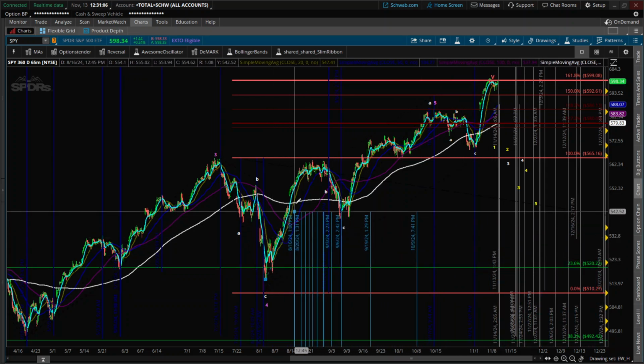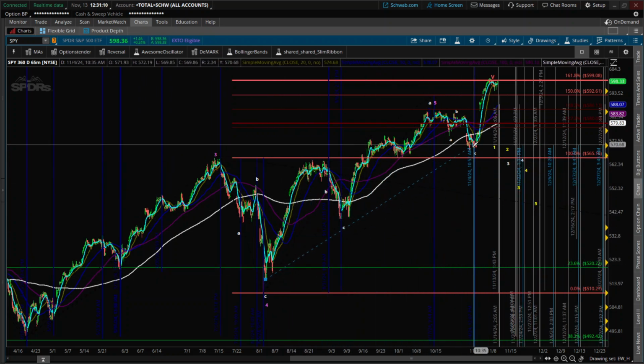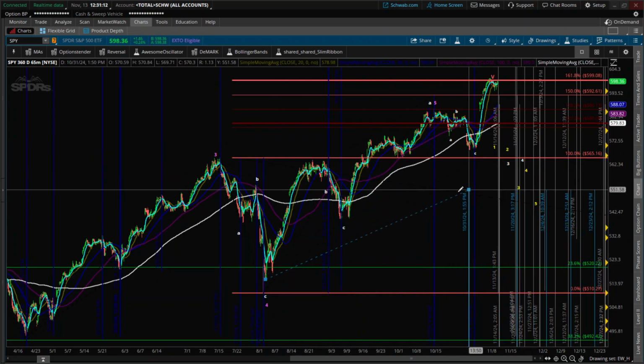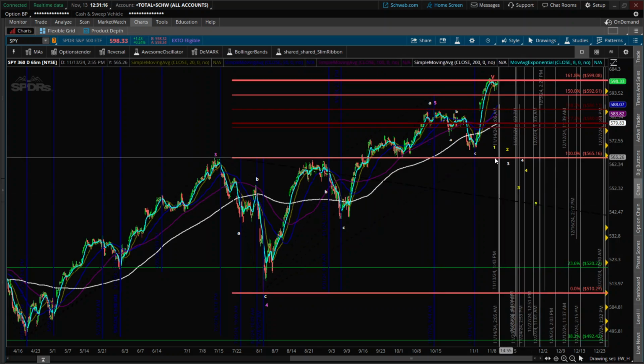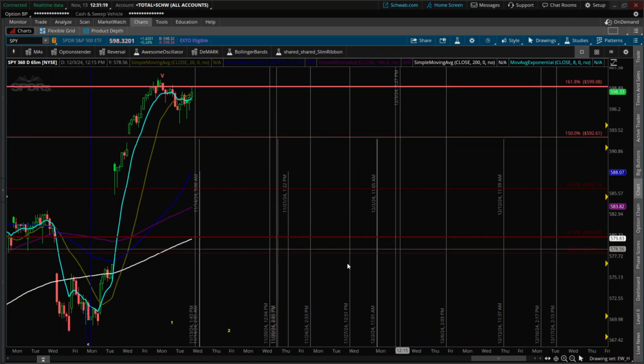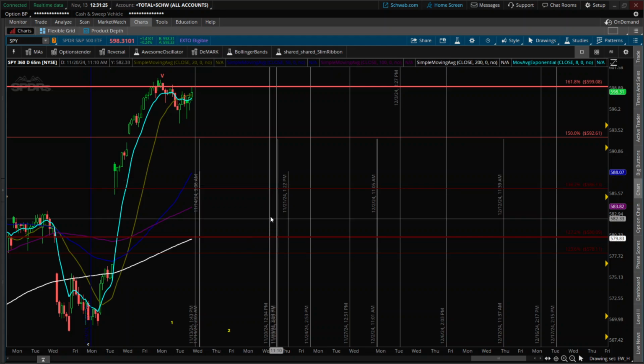Then you do it again, bottom to top. And then you do it again, bottom to bottom here. And you look at the different relationships that end up clustering together. And that gives us these clusters. And at that point, we suspect that there will be a reversal wherever time and price come together.